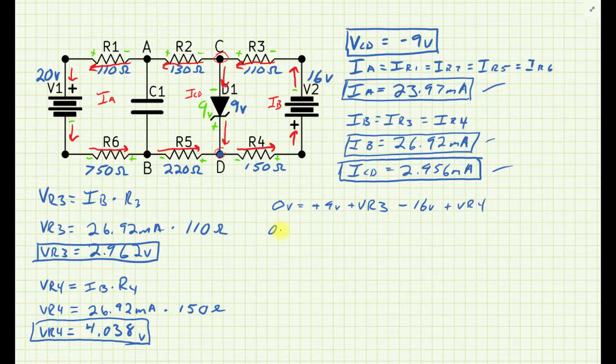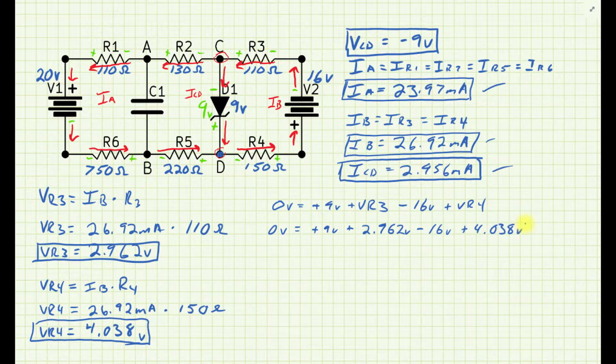Now I found those two voltages, so plus 9 volts plus 2.962 volts minus 16 volts plus 4.038 volts. Alright, let's see how we did.